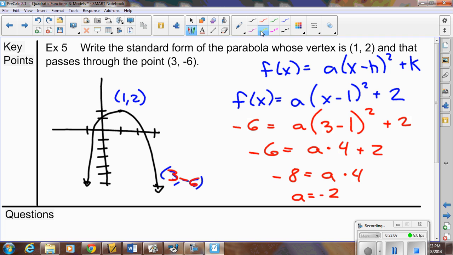And it's really nice that we're seeing negative 2, because since it opens downward, we know it had to be a negative number. That's just a quick little extra piece of verification to help us feel better about our work. But we can take that negative 2, plug it right back in, and we have our equation. In standard form, we're finished.